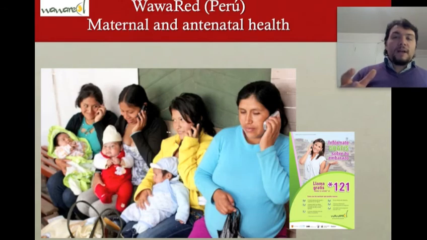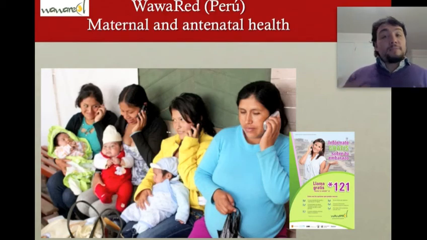You might realize that this is very similar to programs such as Text for Baby in the US. So you can see that there is a space for ideas that are implemented in very different contexts to share experiences and potential success.